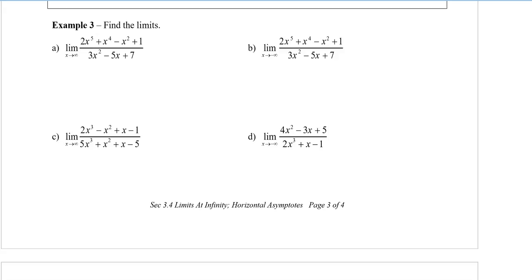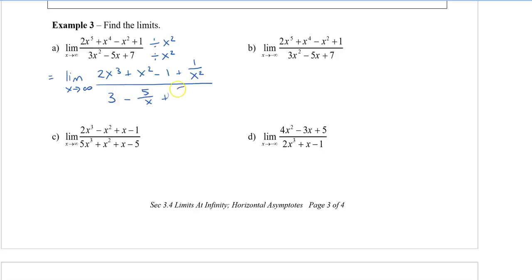When we take a look at our denominator here, that would be x squared. So we're going to divide our numerator by x squared, and we're going to do the same thing with our denominator. When we do this, we get (2x cubed plus x squared minus 1 plus 1 over x squared) all divided by (3 minus 5 over x plus 7 over x squared).